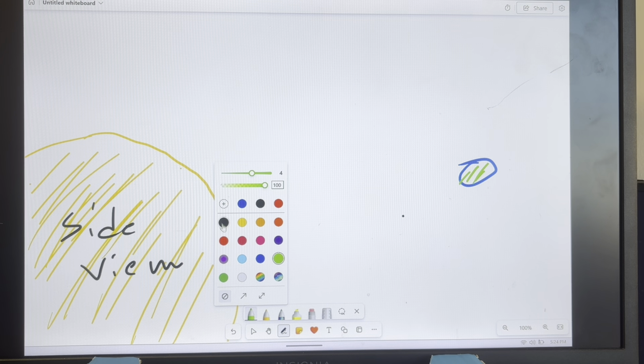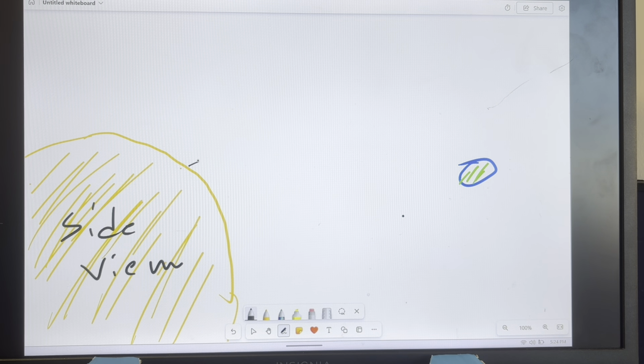So we're gonna use black again. This right here represents the magnetic field, and this right here is our sunspot. Okay. And for a front view, what we see from the Earth, this is the sun, and that's the sunspot, right?